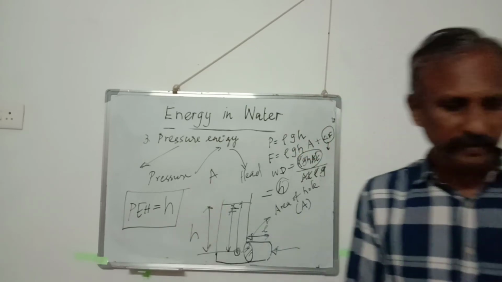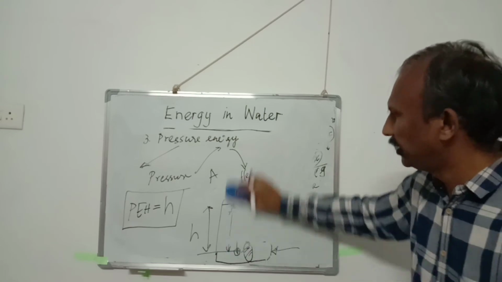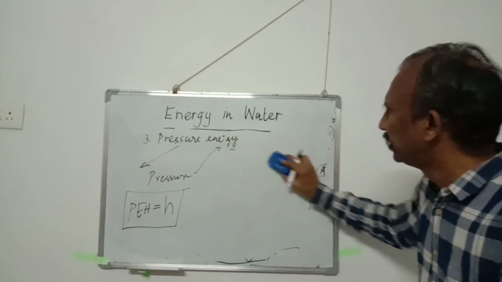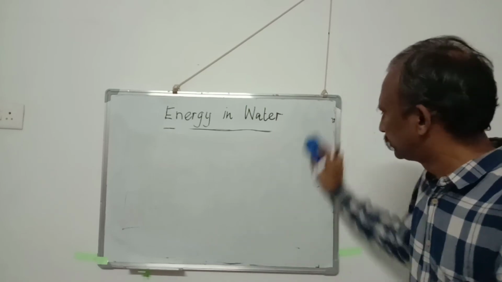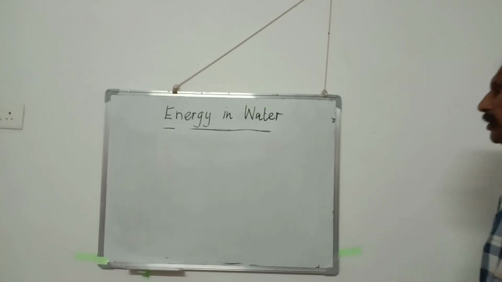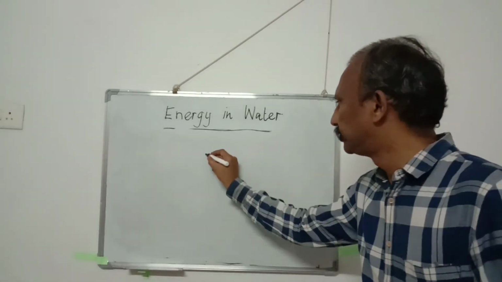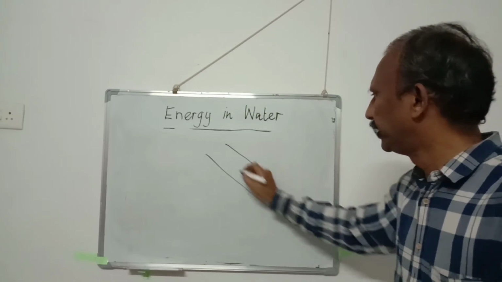So now I have talked about three forms of energy. One is kinetic energy, pressure energy, and gravitational energy. So now I will take a pipe in which water is flowing.